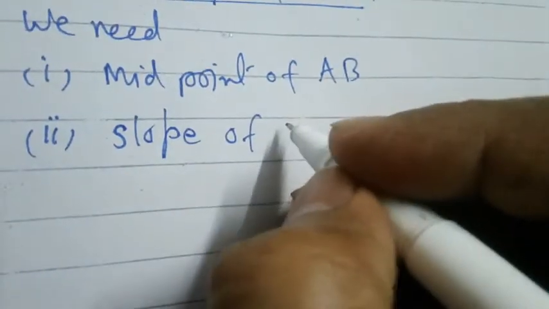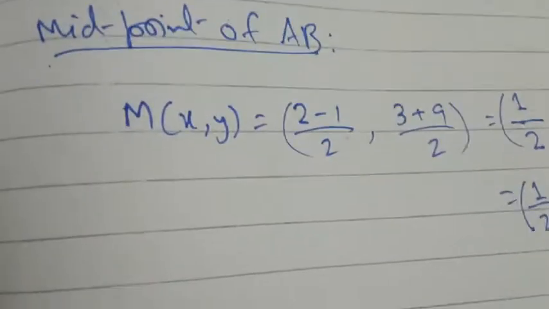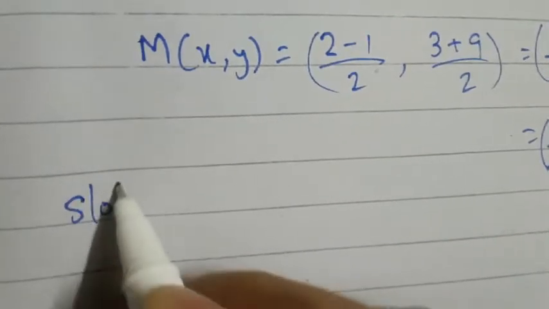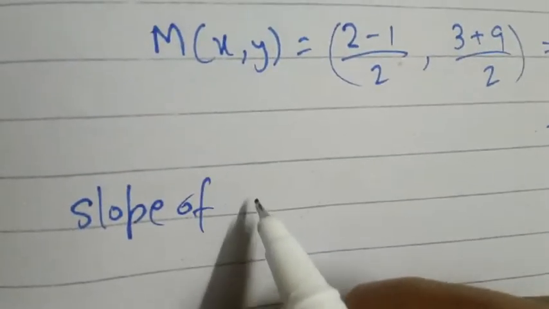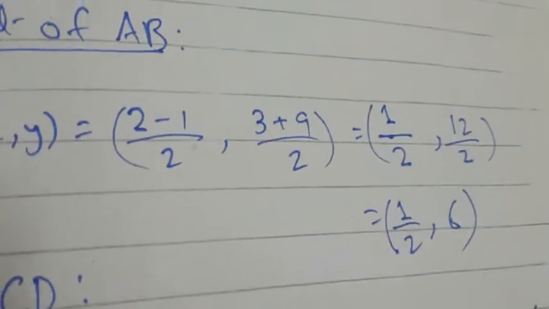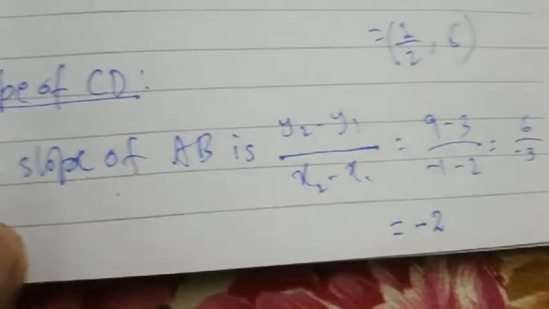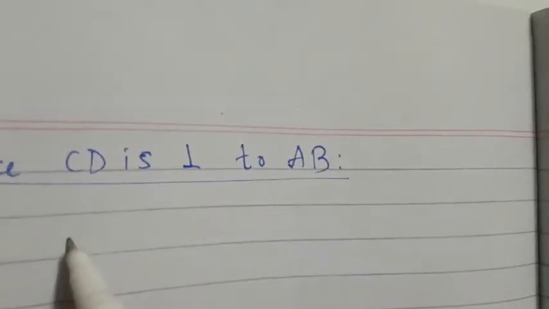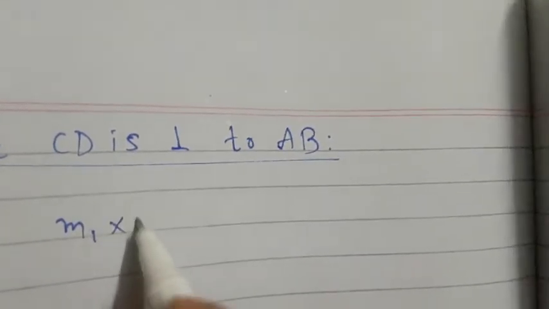The first is the midpoint of AB and the second is the slope of CD. We find the midpoint of AB by putting the values of coordinates A and B. And for the slope of CD, we first find the slope of AB using the formula y2 minus y1 over x2 minus x1.